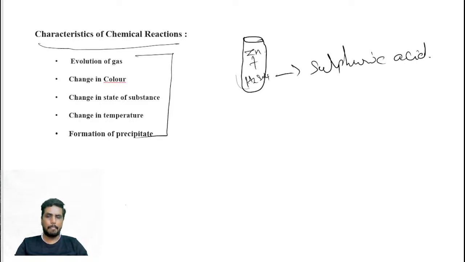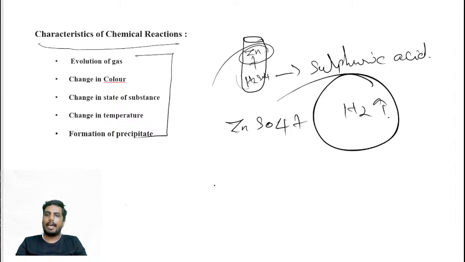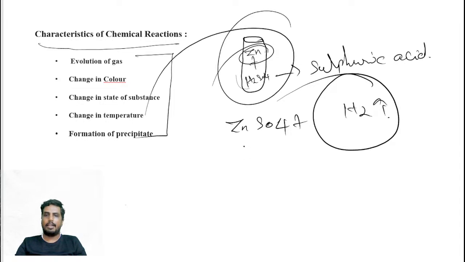Zinc. It will form zinc sulfate plus H2. Here H2 is the gas which will evolve in the reaction. So there is a liberation of gas outside of the test tube, right? So this is called gas evolution.